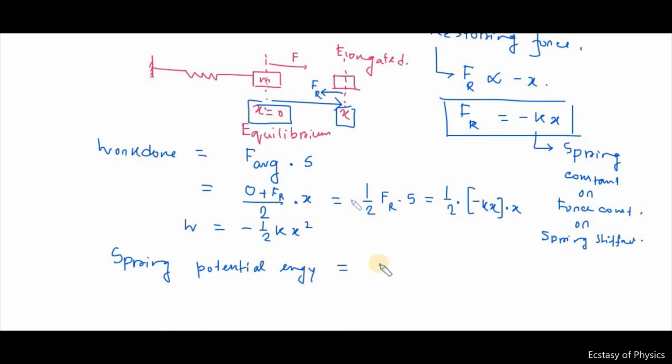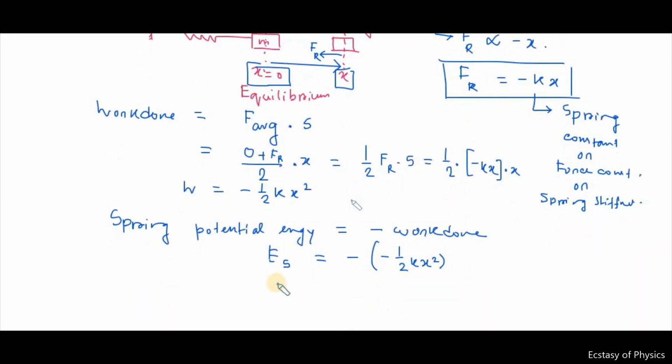So the spring potential energy ES can be represented as negative of negative half k x squared. And finally we get the spring potential energy ES equal to half k x squared. That's the expression of spring potential energy.